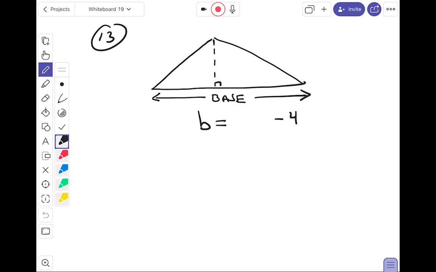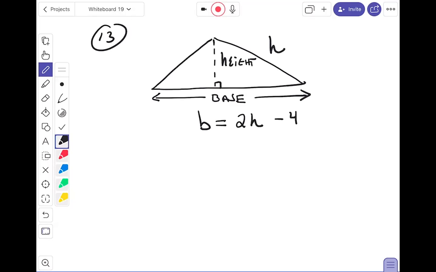This is the height. I'm going to use the letter H for that. So what do they say? They say the base of the triangle is 4 less than twice the height. All right, so I got that down.